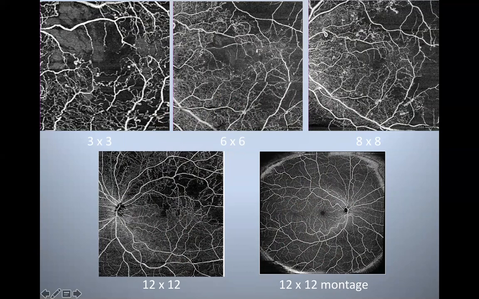Remember, anything that's white is moving, anything black is not moving. You can assume that in these areas below the fovea where there's black, there's no perfusion. And these gray areas mean that something is moving in here. One thing we have to be very careful about is that we cannot definitively say this black area below the fovea is non-perfusion, because this is not a dynamic test.